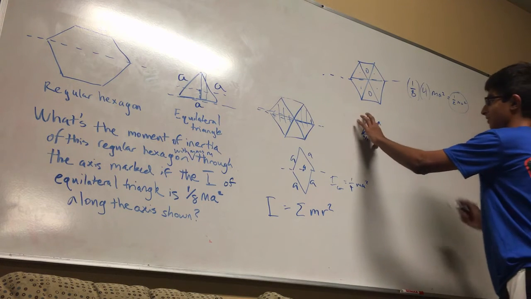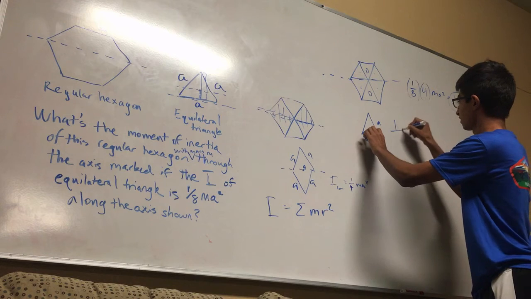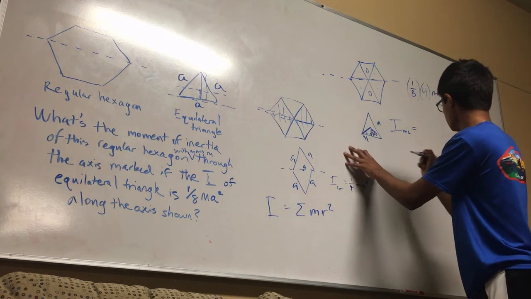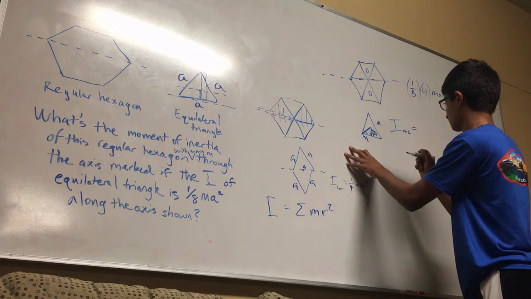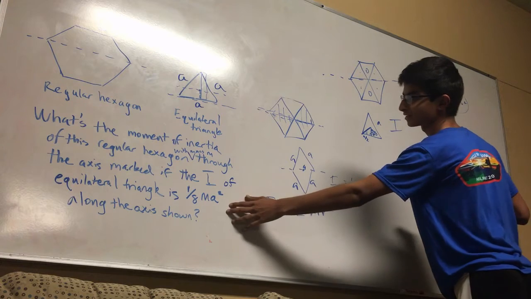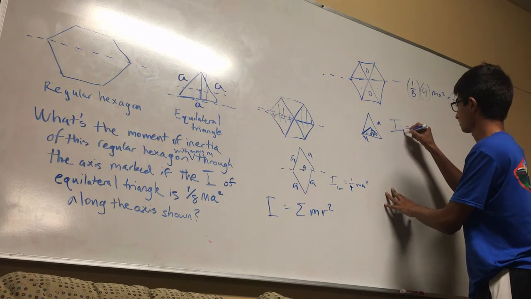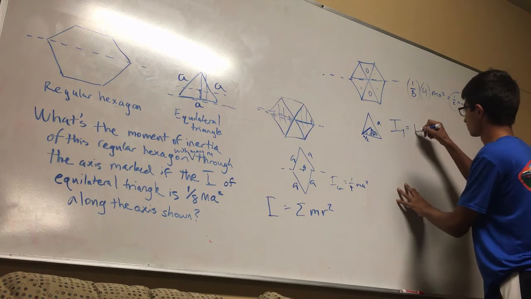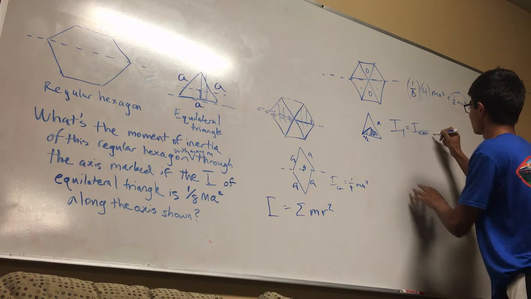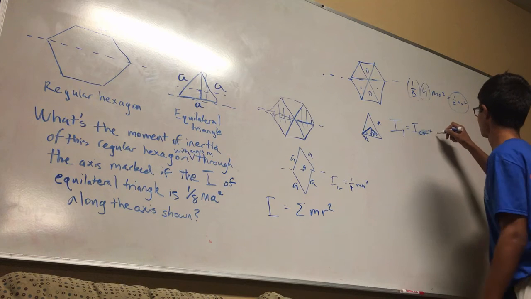Then I'm going to label the moment of inertia right here as I sub mc. Wait, what am I doing? I'm going to say that the moment of inertia that we were given, I'll say g for given, is equal to the moment of inertia from the center of mass plus md squared.